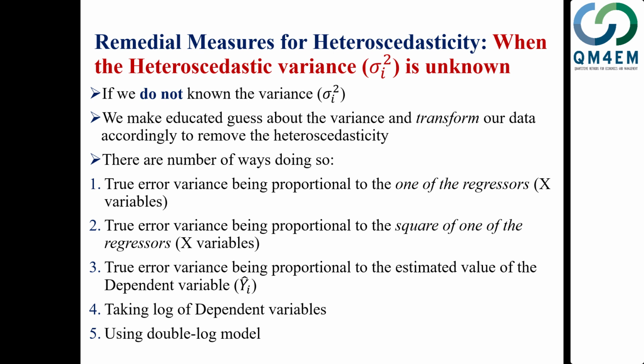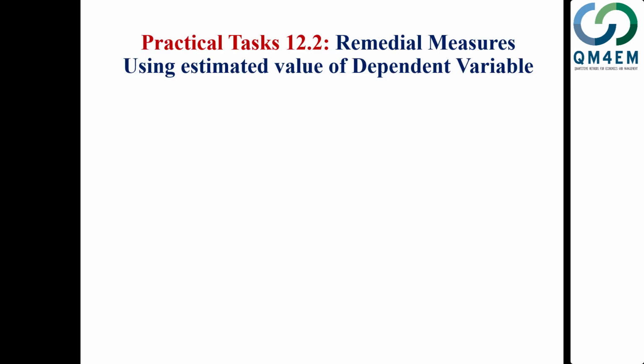We discussed that we can use trial and error by applying one of these fixes and then checking if the heteroscedasticity problem has been removed, and if it still persists, we can try one of the others from the list, and we continue until we solve the problem of heteroscedasticity.